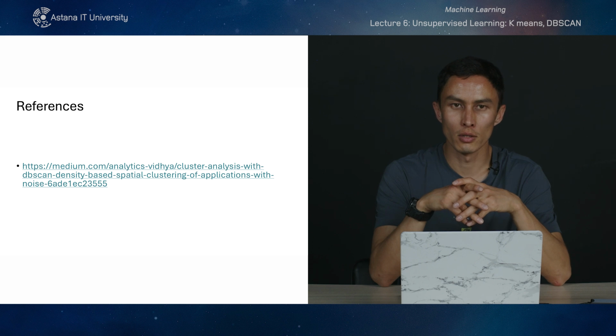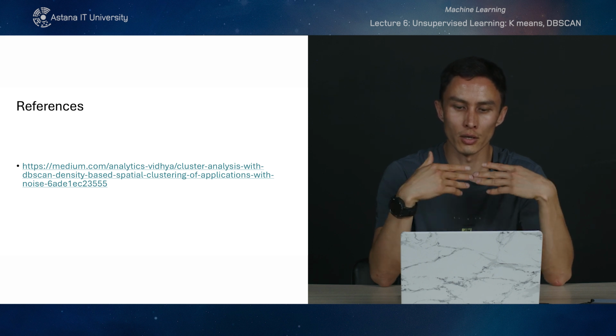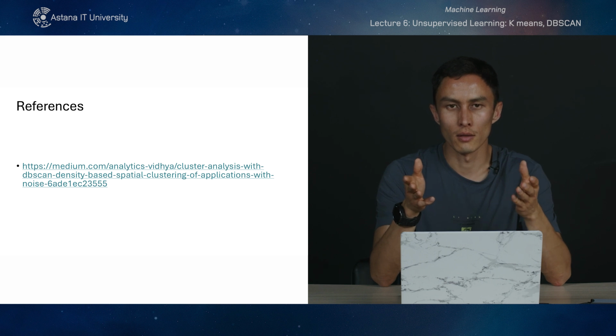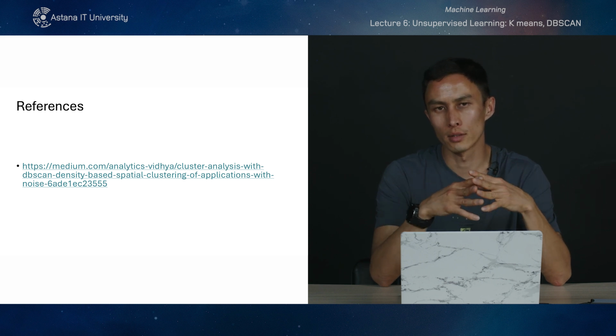That's it for today. This is unsupervised learning, in which you are not given any labels, but your algorithm itself should classify the data into different clusters, into groups, based on some properties.